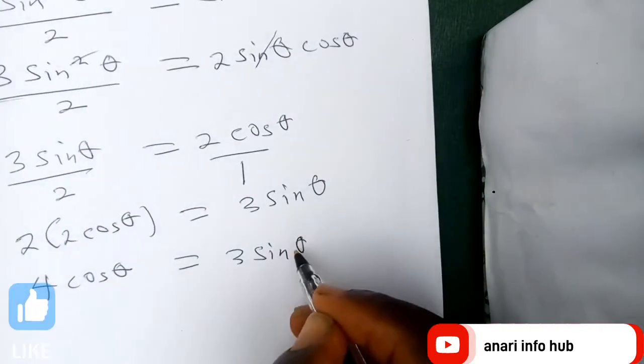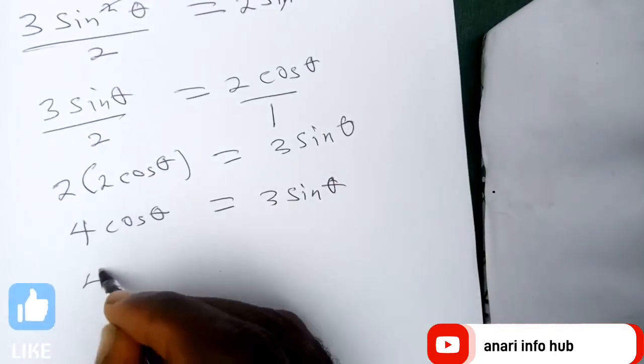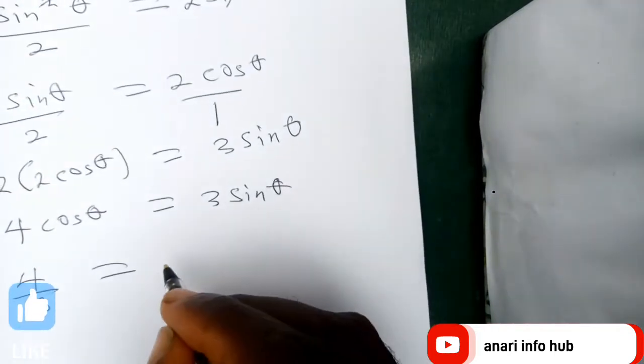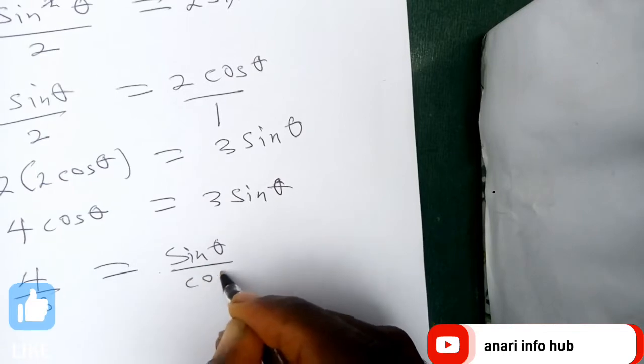Now if I take this, I have 4 over 3 equals sine theta over cos theta.